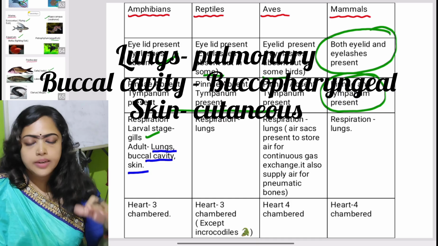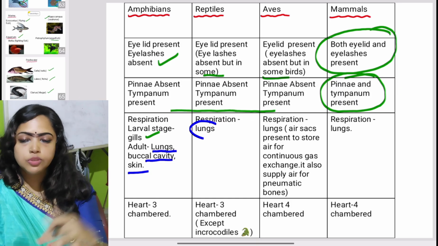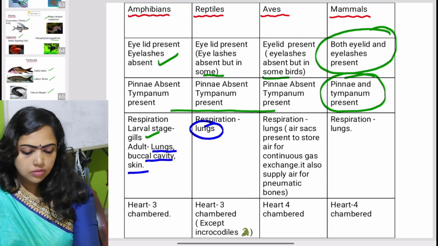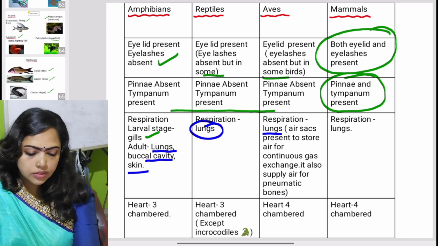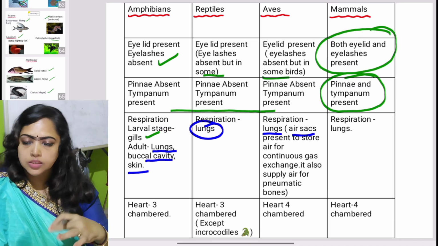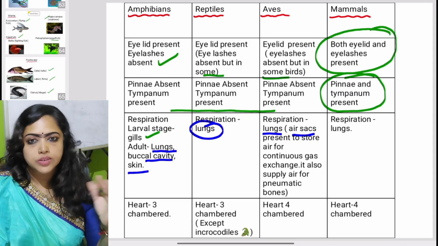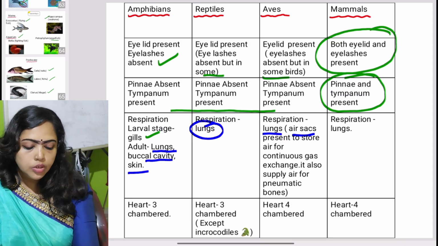Okay. Then reptiles, the respiratory organs are lungs, and apes also respiratory organ, what, lungs. But one more structure is there, that is air sacs are present. And what is their function? They store air for continuous gas exchange, that is respiration. But one more function is also there, that is they supply air for what, pneumatic bones.